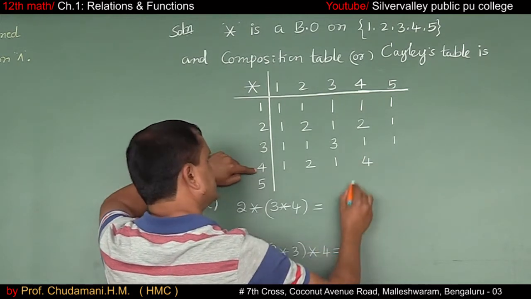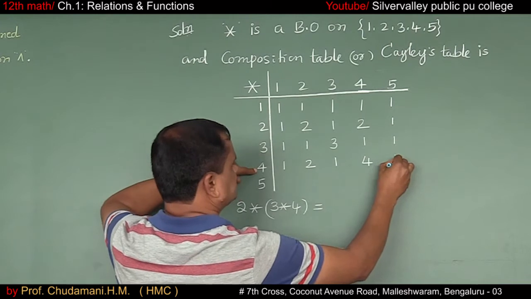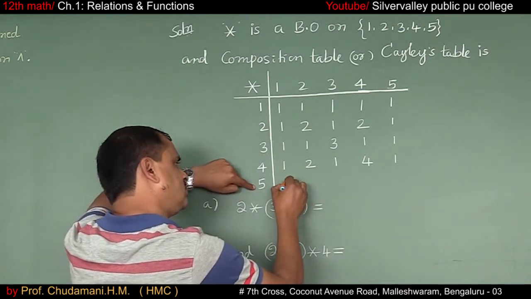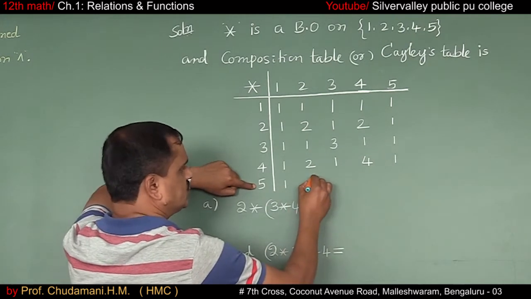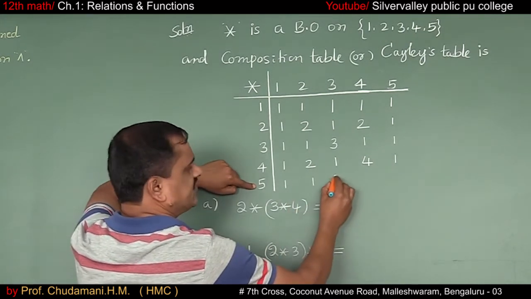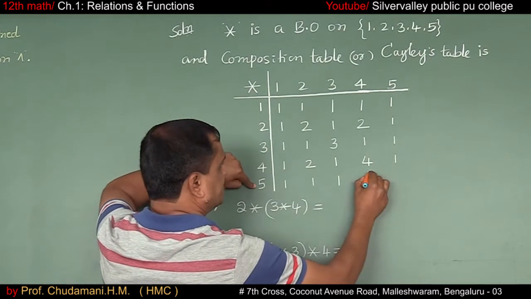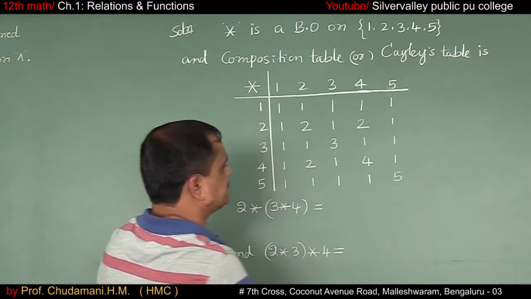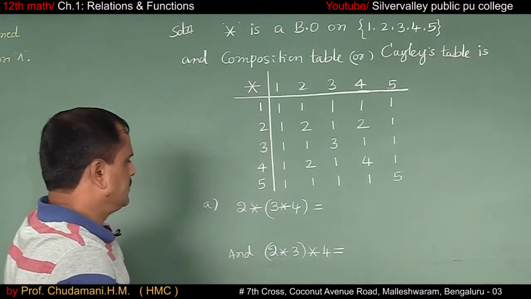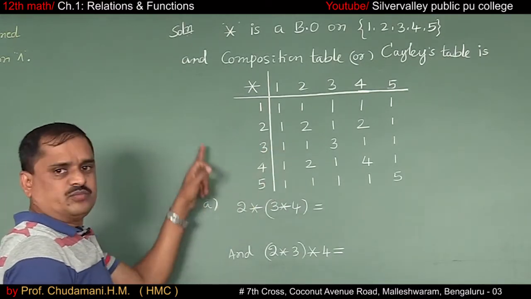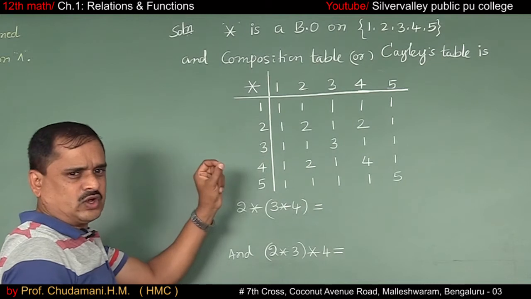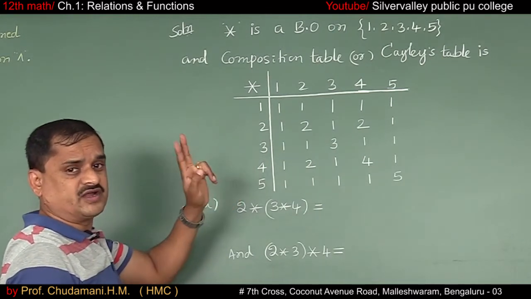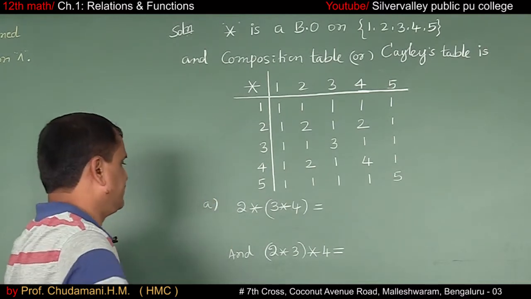Then 4 and 5 means 1. Then 5 and 1, highest common factor is 1. 5 and 2 is 1. 5 and 3 is 1. 5 and 4 is 1. 5 and 5, highest common factor is 5. This is the composition table for the defined operation. A star B means highest common factor of A and B.